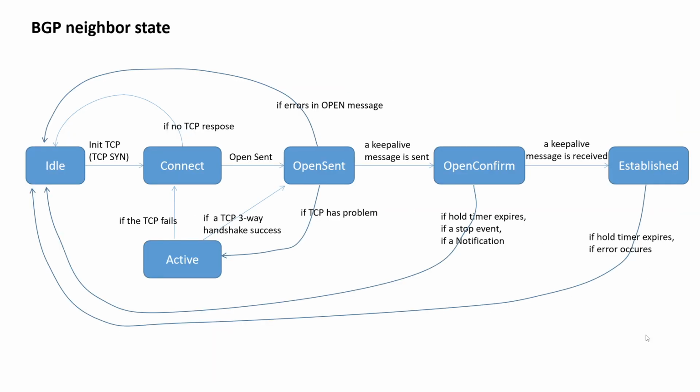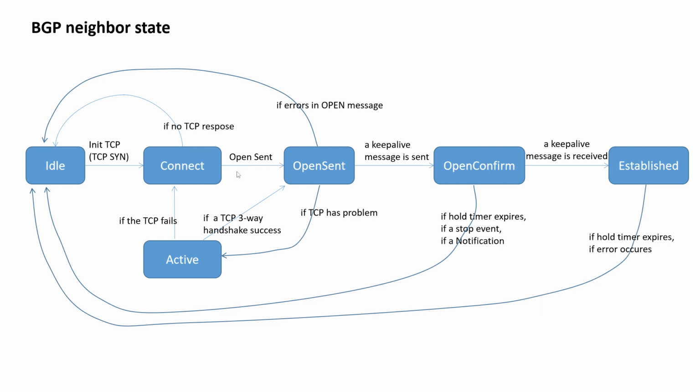Let's take a look at this diagram. This diagram illustrates how the states change. Let's start from idle. After the router sends the TCP SYN message, that means the TCP init message is sent, the router state moves to the connect state. In this connect state, if the TCP three-way handshake is successful, the router sends the BGP open message.